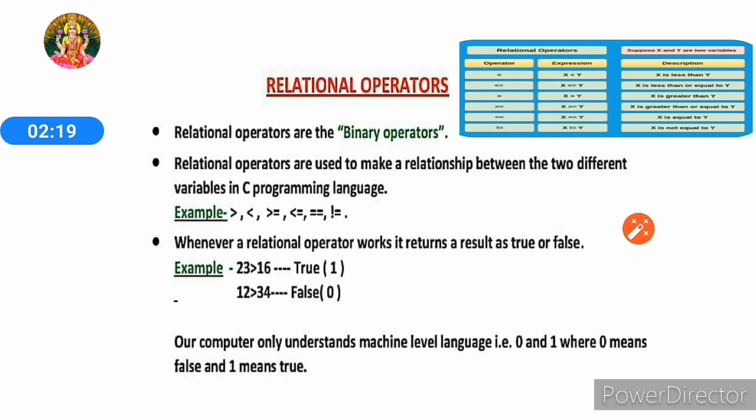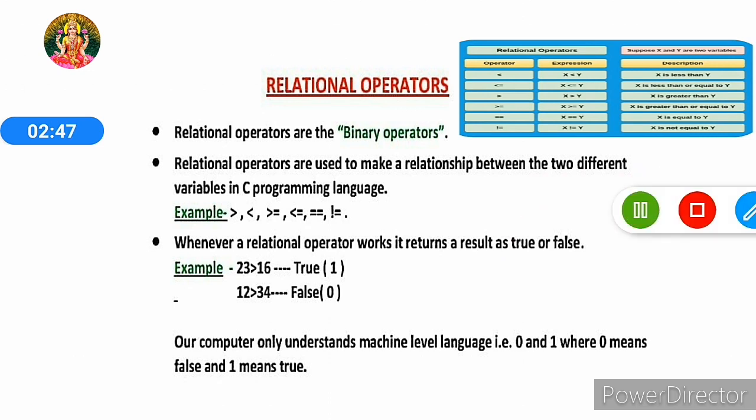Now proceeding further in our video lecture, we will also see that a relational operator only returns the result as true or false. Can you remember, students, that in the content part of our video lecture we discussed the return type of relational operators? Yes, it returns only true or false.